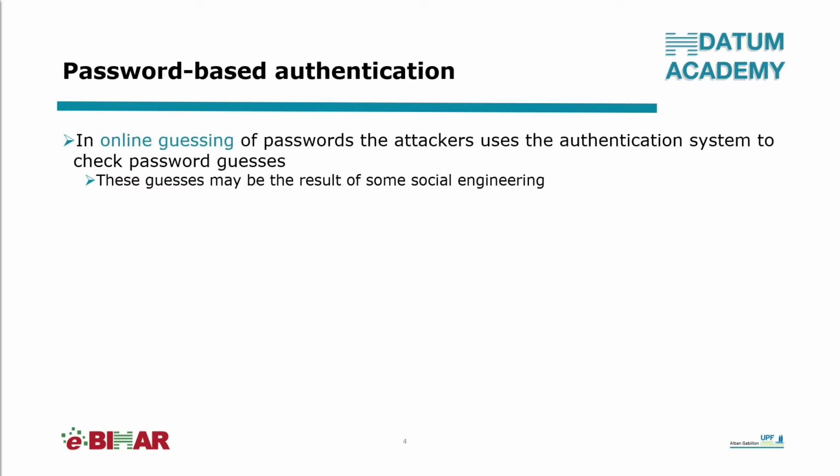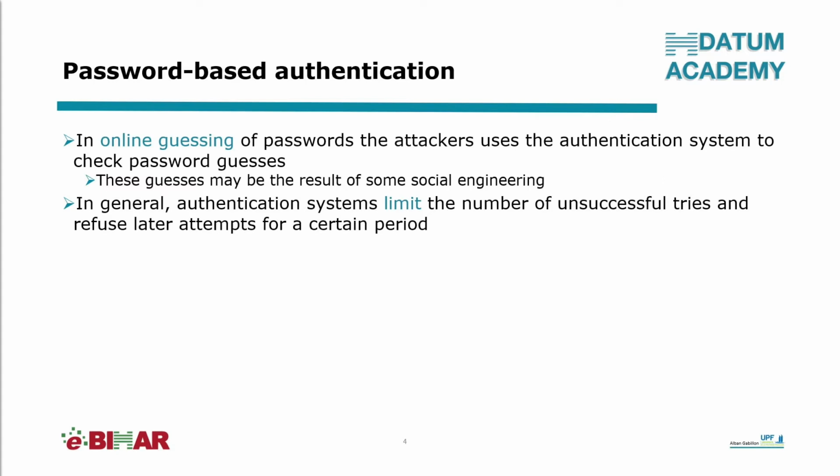The attacker collected some data about the target victim, like his birth date, the name of his children, the name of his dog, and so on. Without prior social engineering, online guessing is unlikely to succeed because most authentication systems limit the number of unsuccessful tries and deny subsequent tries for a period of time.